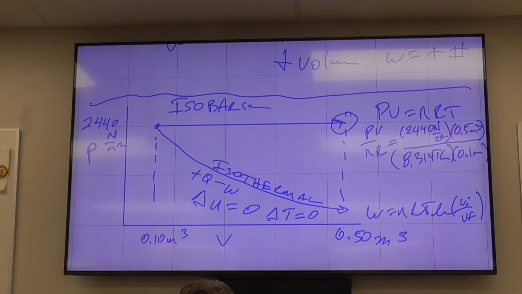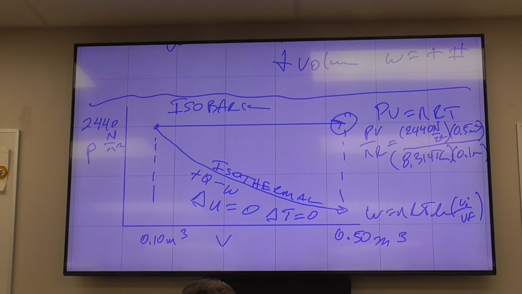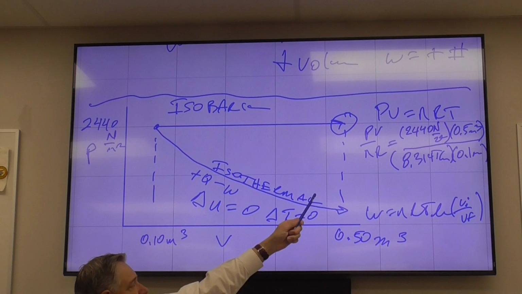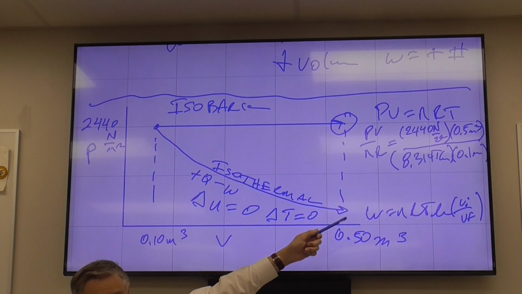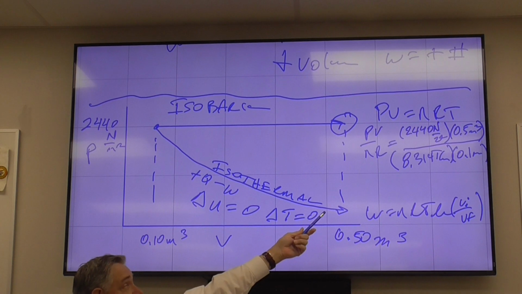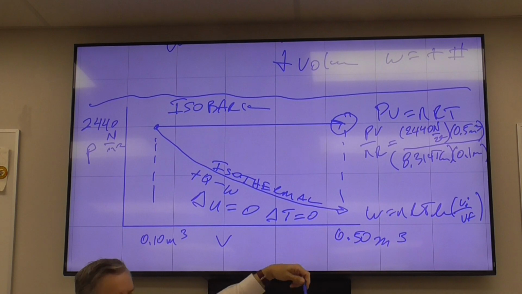So 2440 times 0.5 divided by your gas law constant gives 1467.